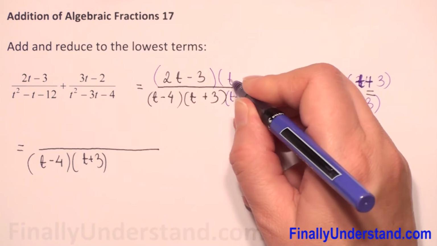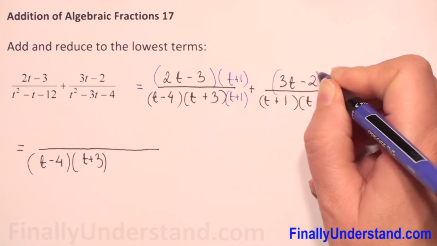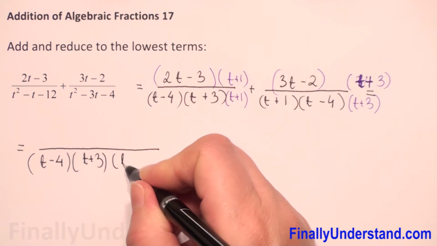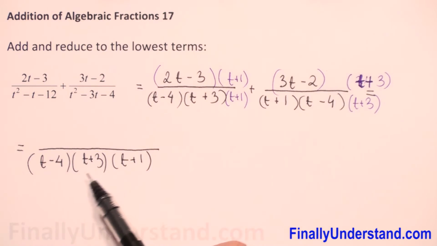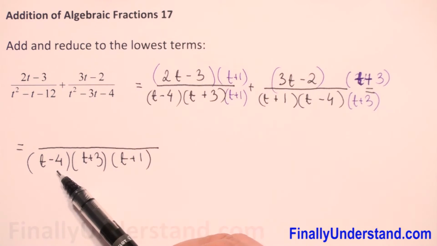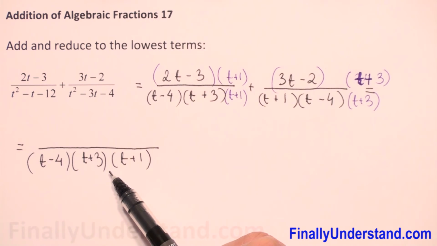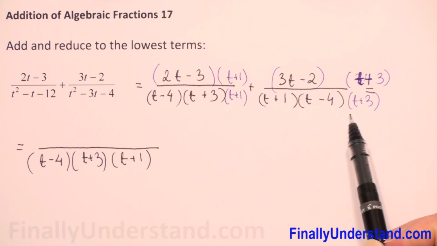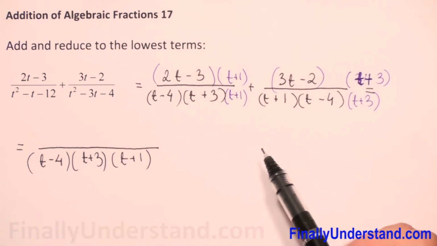I have to multiply the whole numerator by t plus 1. And now let's check. So we have t minus 4, t plus 3, t plus 1, and t plus 1, t minus 4, t plus 3. So we have the same denominator.